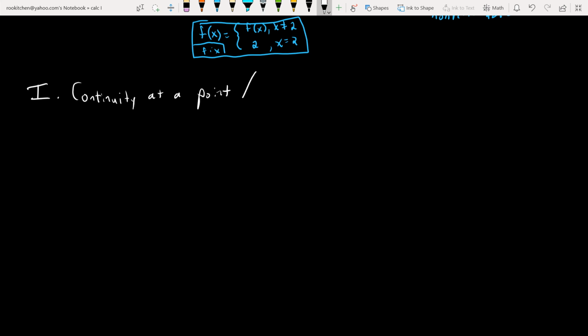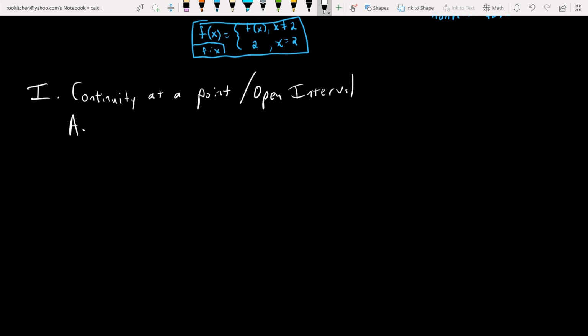But they'll also consider it on an open interval. Usually it's more of a point-wise type definition. So we're not going to write out, well, if it's continuous, that means we could draw it without picking up our pen, because that's really hard to verify, right? Especially if you have a big long function that goes on to infinity. How am I going to verify that, right?